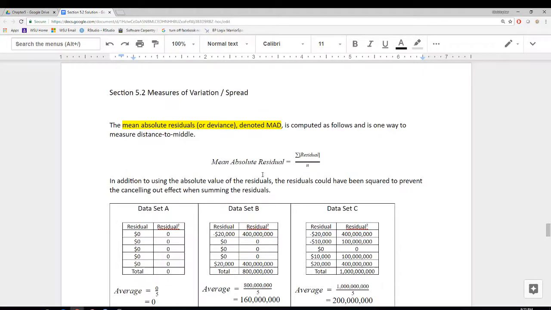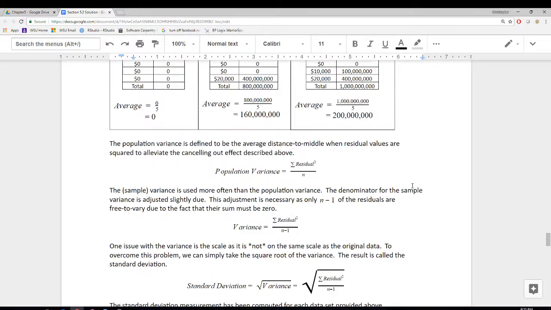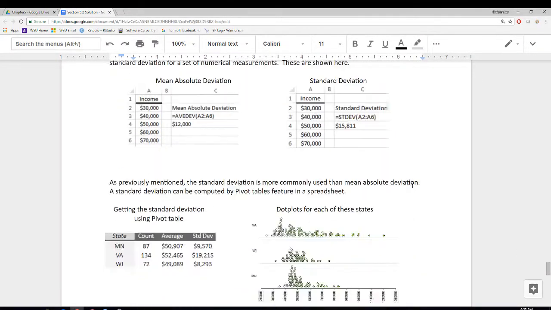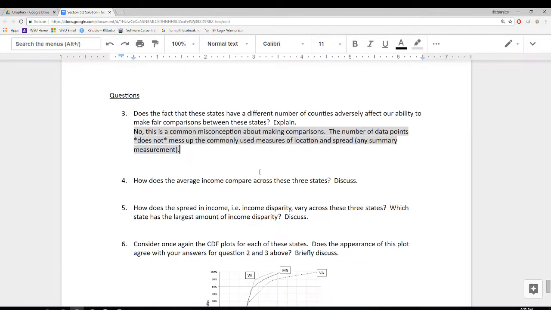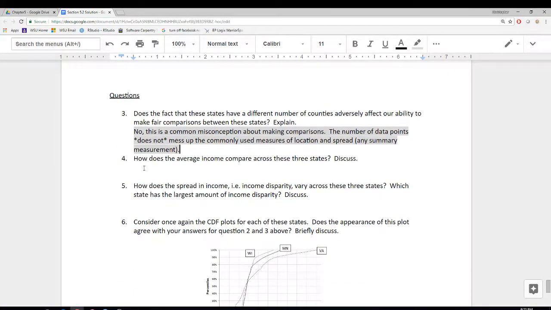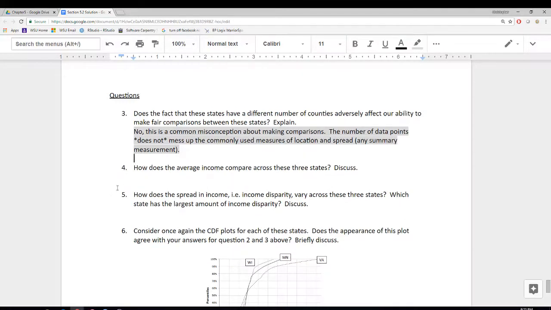Or even the mean absolute deviation is an average distance to the middle. So even if you have lots and lots of data, we're computing an average here. We're dividing by the number of observations there. Okay, so that's being accounted for in any commonly used measure that statisticians use, it's not messed up by the number of observations.